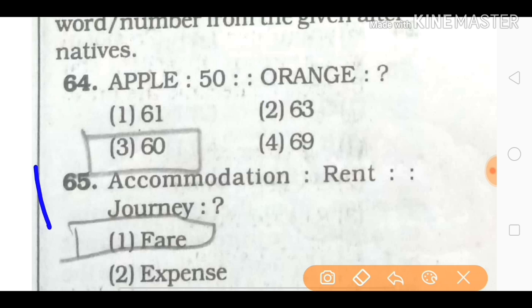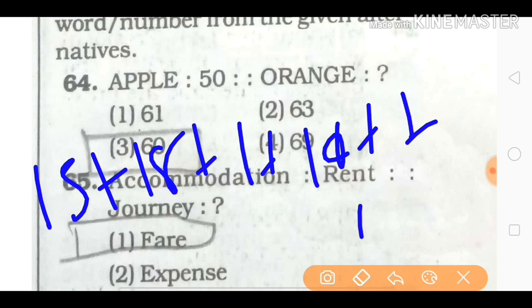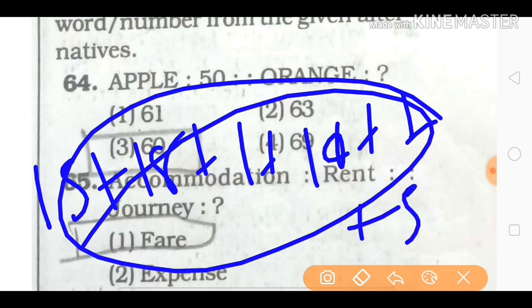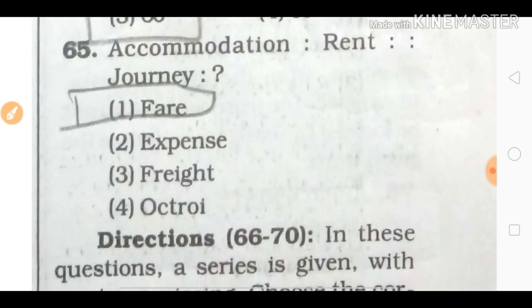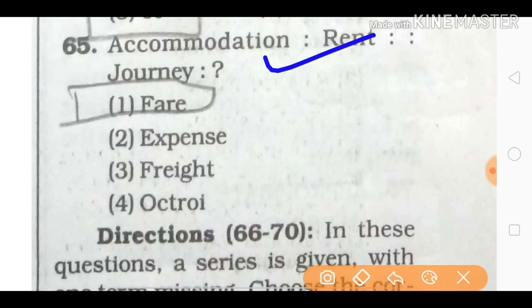How orange are 15 plus 18 plus 1 plus 14 plus 7 plus 5, you will add, you will get 60, right? Accommodation, rent, journey, fare. When you go anywhere, you need fare. You need fare means you do a journey by giving money, and that money, in layman language or in technical word or in any way, we call it fare, right?